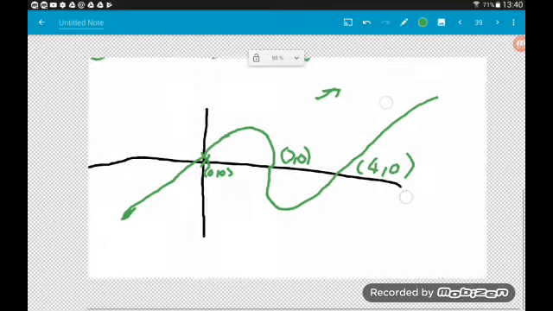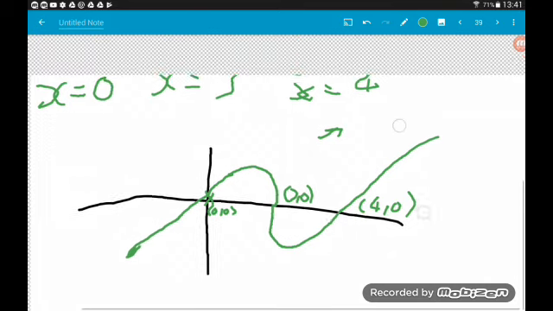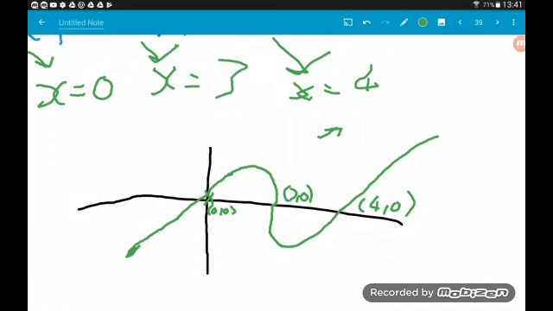So, there's a sketch for a graph. We're not going to worry about the coordinates of the top and bottom of those curves in the middle, or I should say the crest and the trough. So we're not going to worry about those yet. We'll worry about those later on. But there's a sketch of our very first cubic.